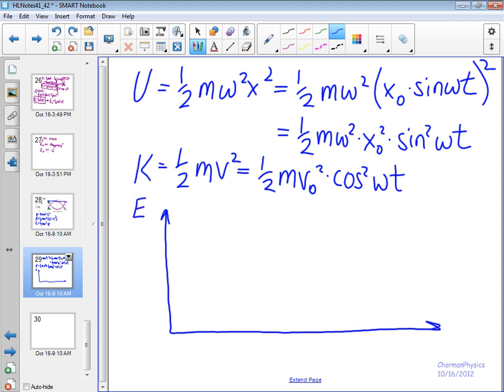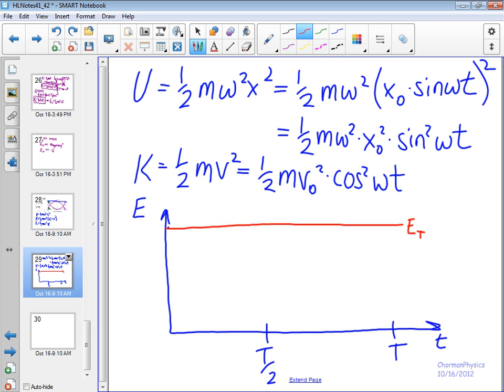So if we look at energy versus time, this is going to be half the period, full period here. We know the total energy is going to be the same. The total energy is the same.